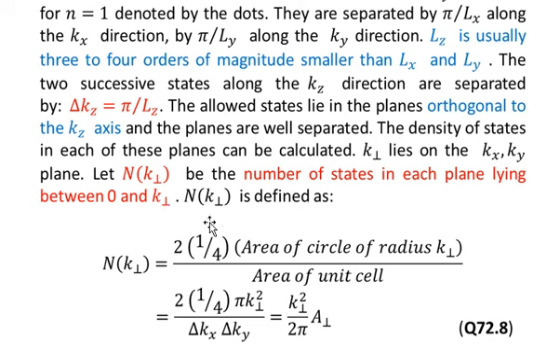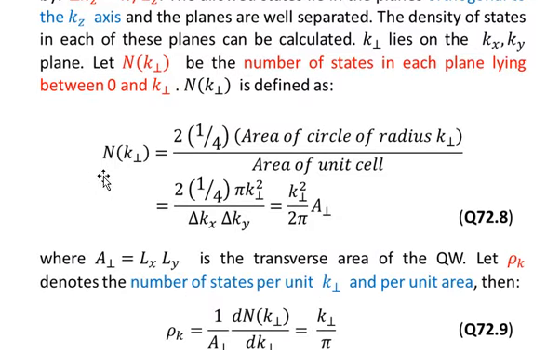Then N as a function of k perpendicular is defined as 2 times 1 over 4 multiplied by the area of the circle of radius k perpendicular divided by the area of the unit cell.